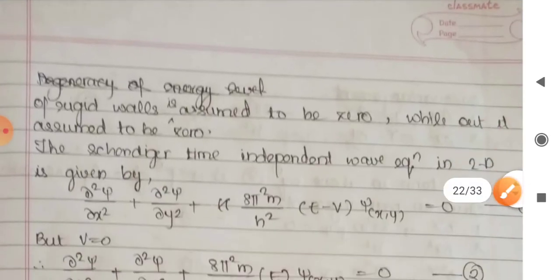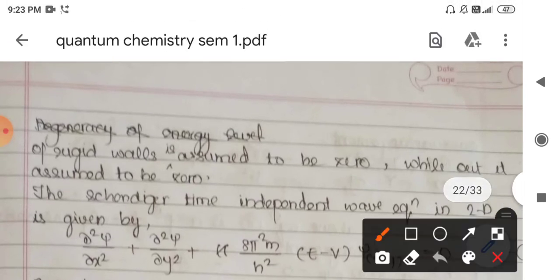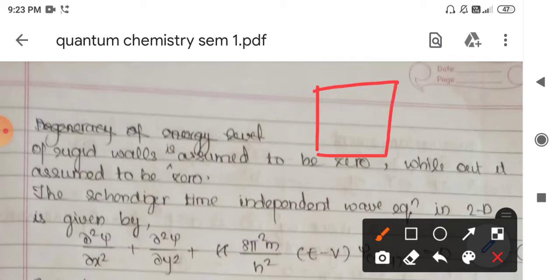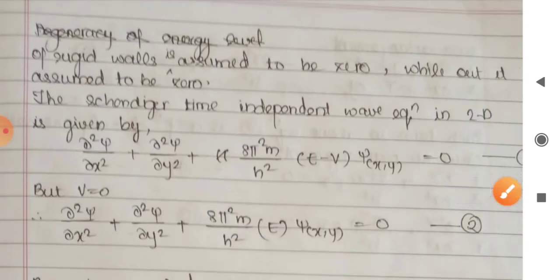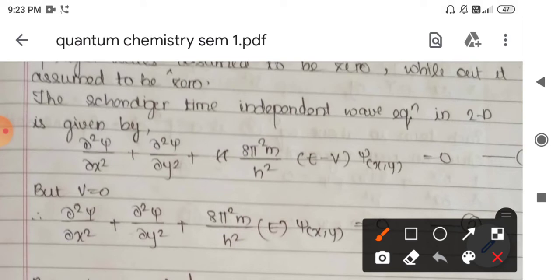The two-dimensional box is the same as the 1D box, but here the motion of the particle is allowed along two directions, that is x direction and y direction. Along x direction we have considered the length as a, and along y direction as b. The rigid walls, again, we have assumed that the potential energy inside the box is 0, and outside the box it is infinity.